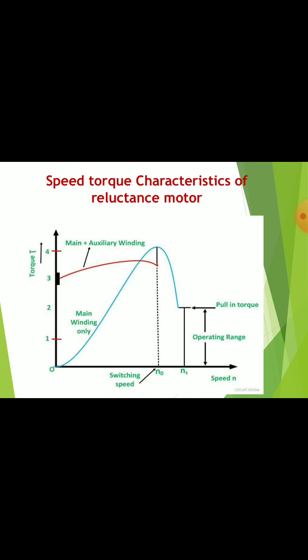Now, the speed-torque characteristics of a reluctance motor. From this graph we can see that here is the torque, here is the speed. Initially we are using the main winding and the auxiliary winding. Since we are using the auxiliary winding, our starting torque is very high. If we used only the main winding, our starting torque would be zero, but with the auxiliary winding our starting torque is increased.